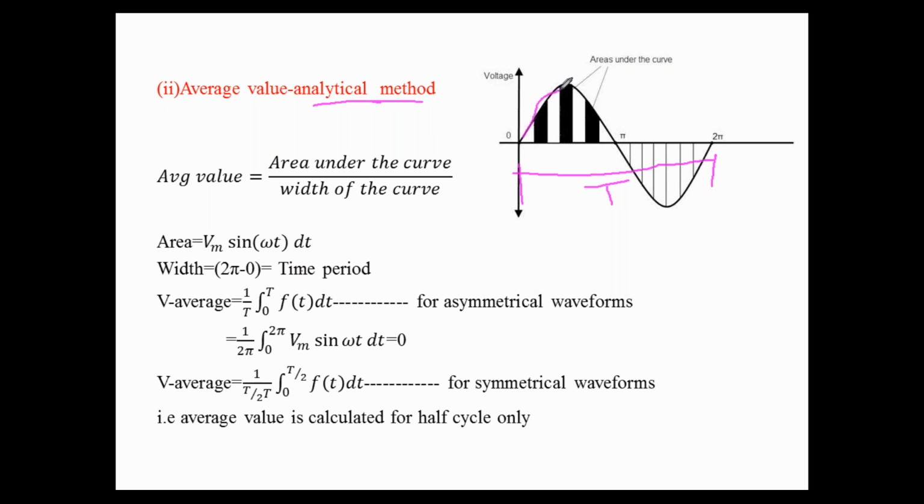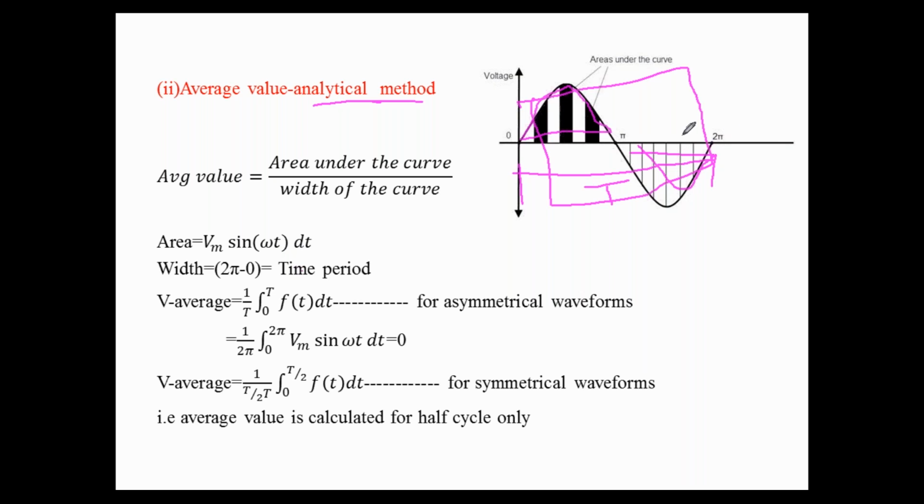The area of this curve is going to be divided into two portions, positive cycle and negative cycle. But anyhow, this is the total area of this curve, that is Vm sin omega t dt.